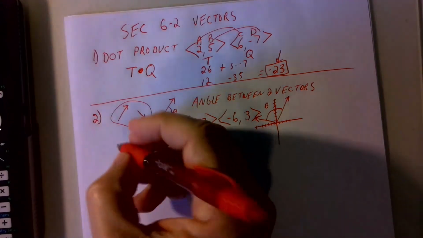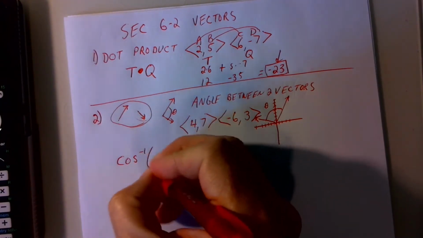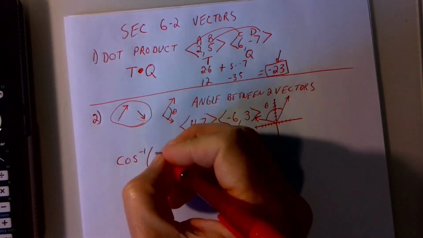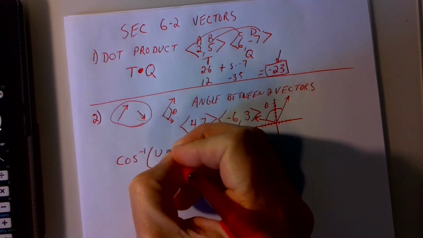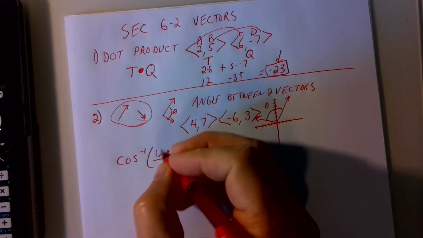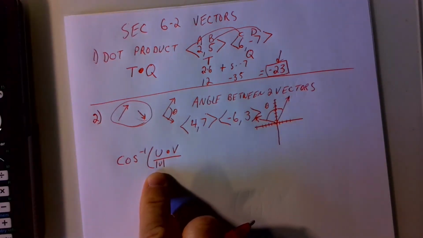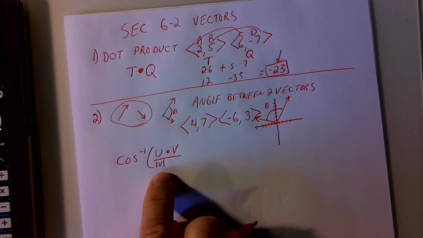Okay, so the formula looks like this. It says we take the cosine inverse of the u dot v over the magnitude of u, and I think we've shown this before. If not, there's some notations for it. It kind of looks like absolute value symbols, two big long bars over it.